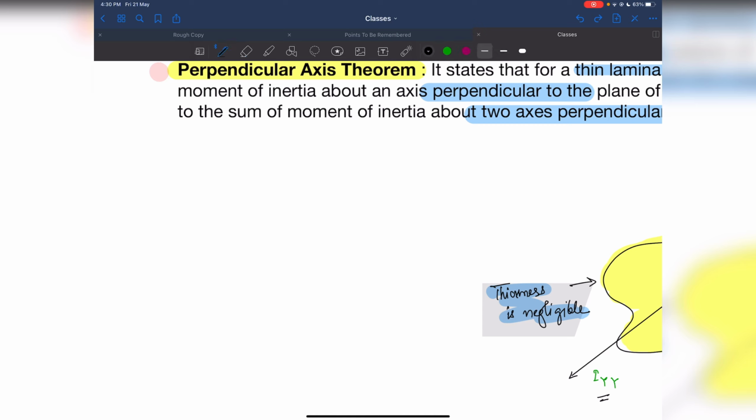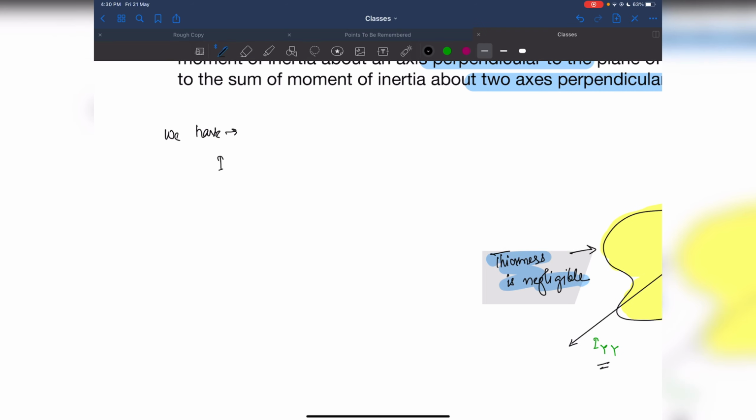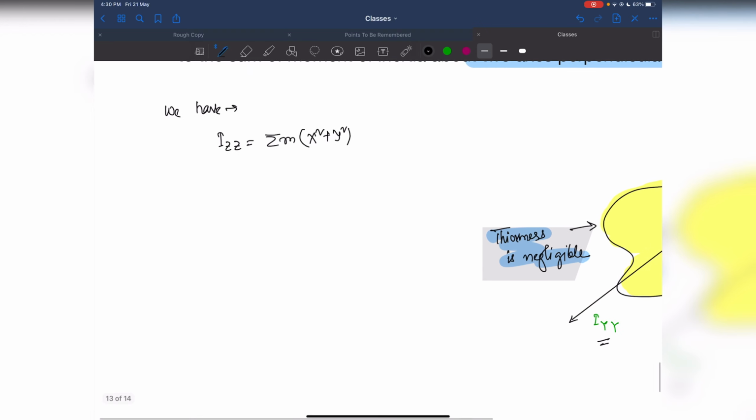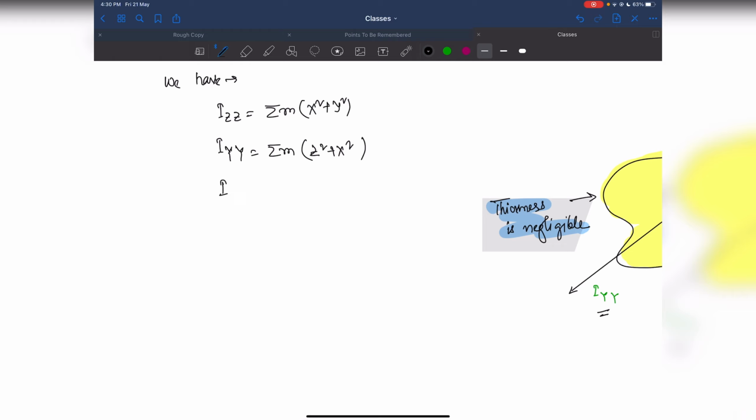I can write Izz as summation of m, since it is Z, it will be x square plus y square. Again I can write Iyy to be the summation of m z square plus x square, and Ixx can be written as summation of m y square plus z square.